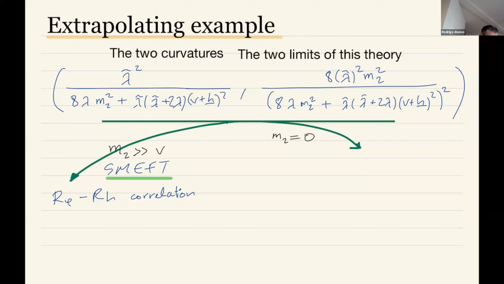In particular, R phi equals R H in that limit, which you can maybe see yourself. So we can now apply an expansion in 1 over M2 squared, and that would give us the very same SMEFT expansion in that limit.